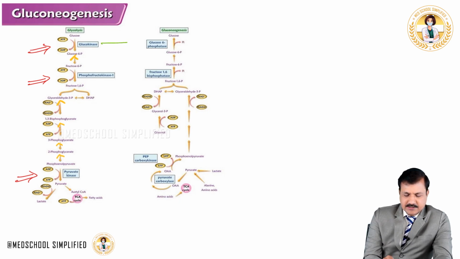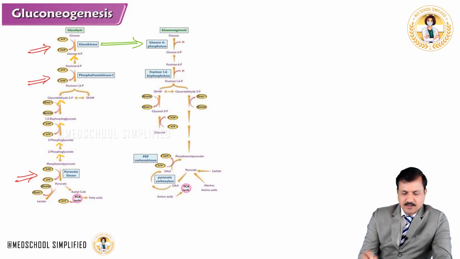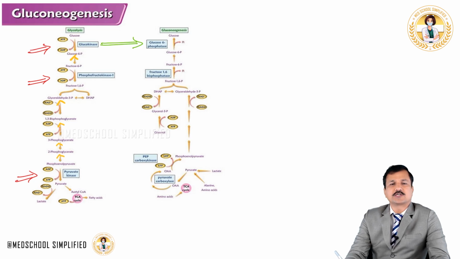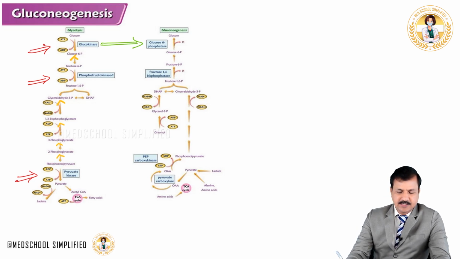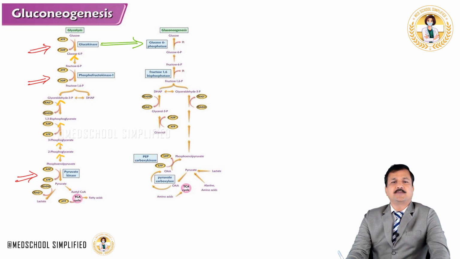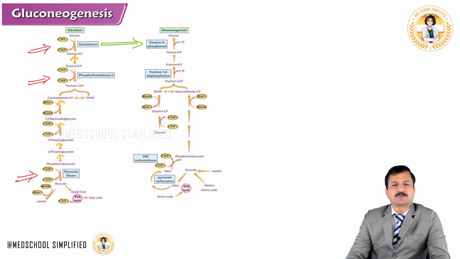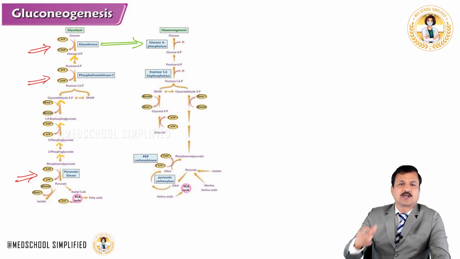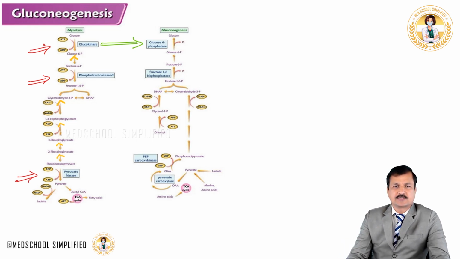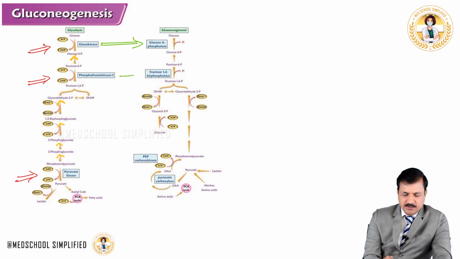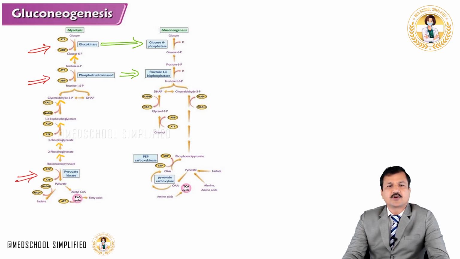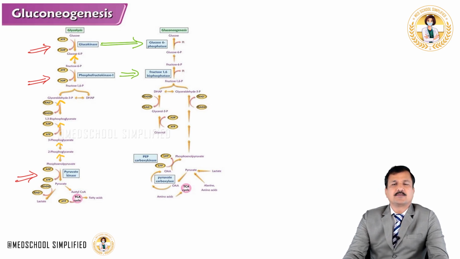For glucokinase, we need a separate enzyme for gluconeogenesis, glucose-6-phosphatase, which converts glucose-6-phosphate into glucose. It's a reversal of the first reaction in glycolysis; we are going in the opposite direction now. For PFK1, the corresponding enzyme is fructose 1,6-bisphosphatase, because it breaks fructose 1,6-bisphosphate into fructose 6-phosphate and inorganic phosphate.